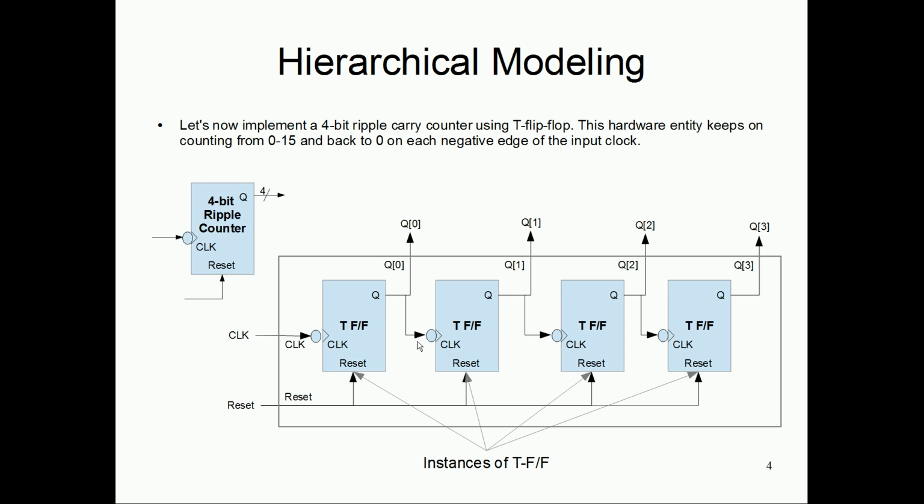The output of the next stage T flip-flop is taken out as the Q1 bit of this 4-bit bus, and it is also fed into the next stage T flip-flop's clock. In this fashion we connect them, and reset is connected to all the T flip-flops, so that if it goes high, all of them immediately become 0 0 0 0. So that is the reset operation.